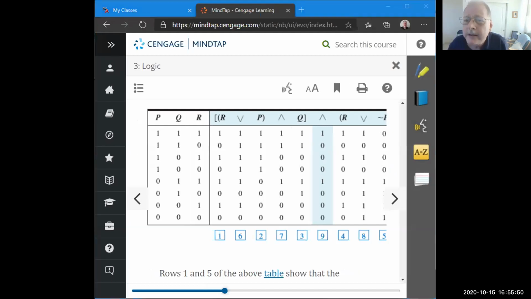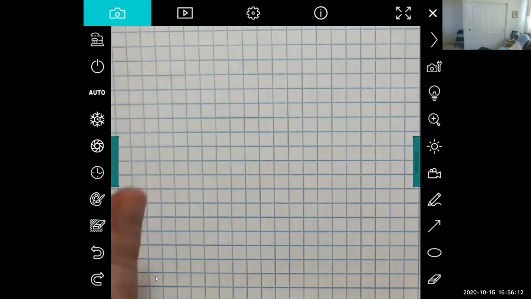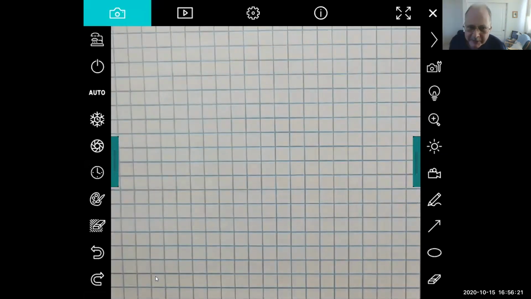get the document camera, so I can just do a small closure table. Now I got to find my good pen.